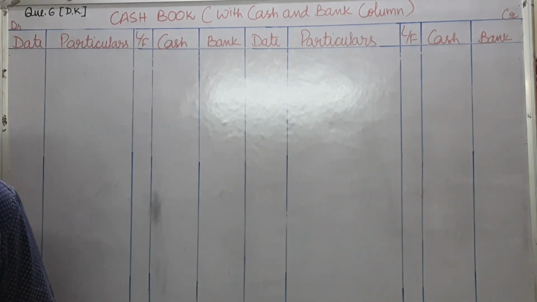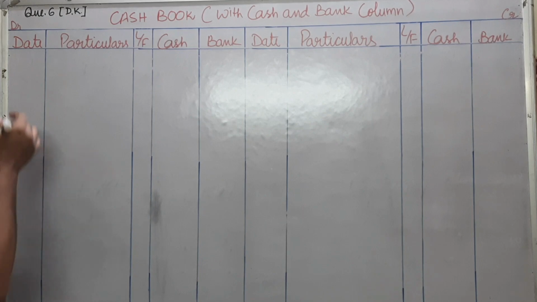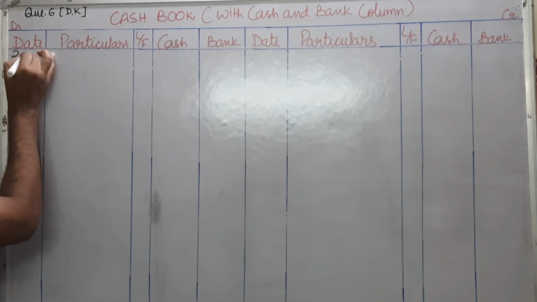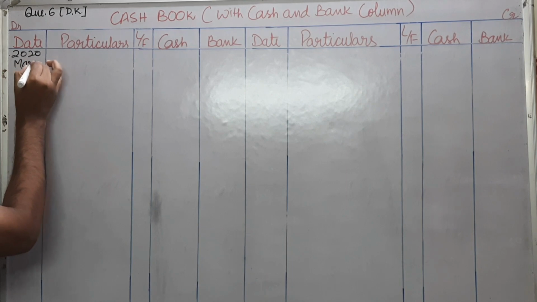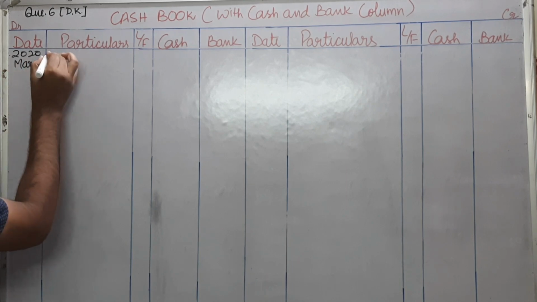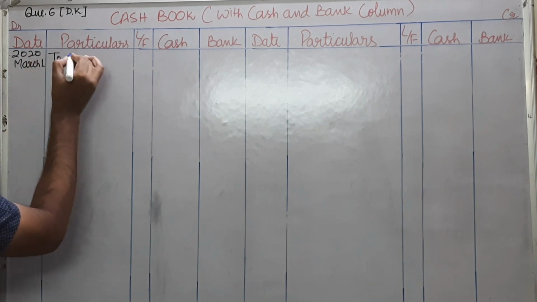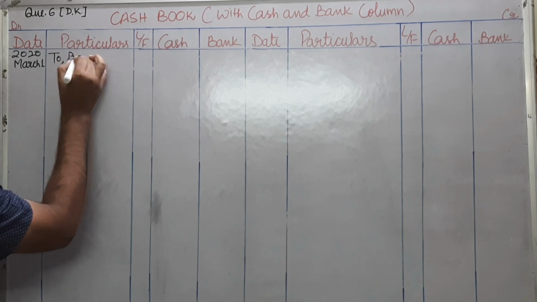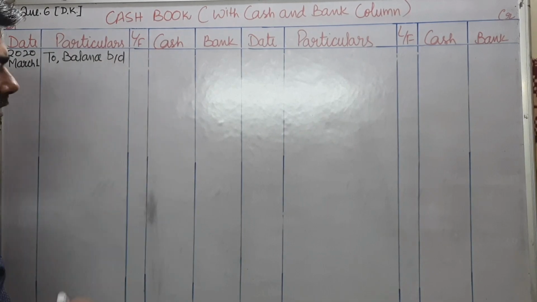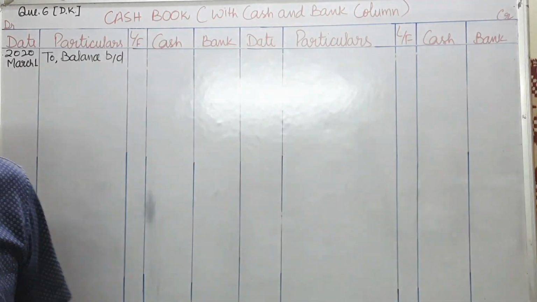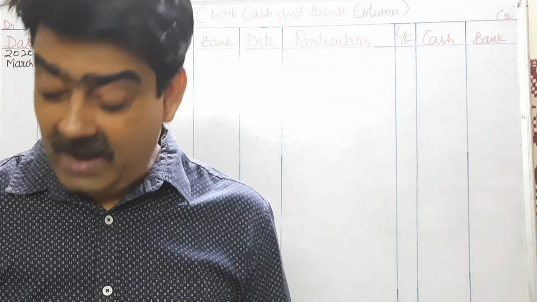2020 March 1, cash in hand and cash at bank. So the year is 2020 and the date is March 1. Opening balance of cash will come in the debit side, to balance brought down. You can see in this question the opening balance of cash as well as bank is given.